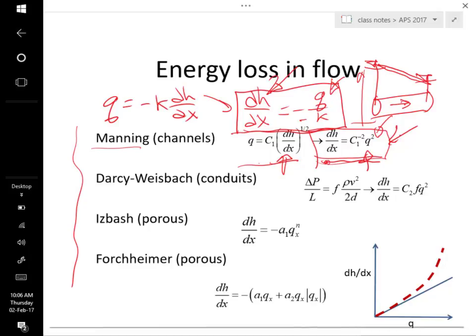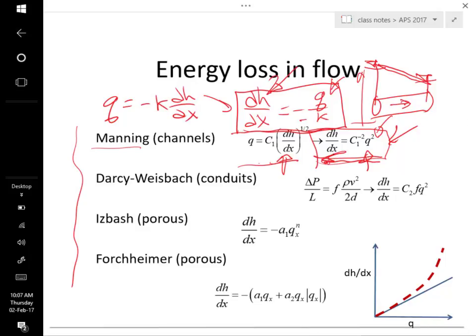Okay? So under turbulent conditions, with Manning's law, increasing the flow causes a much bigger change in the head gradient than it does under laminar conditions. Okay? And the reason for that is because of these vortices that are formed in the turbulent flow. They're using up the energy, and they're causing this head gradient to increase much faster than it does under laminar flow.